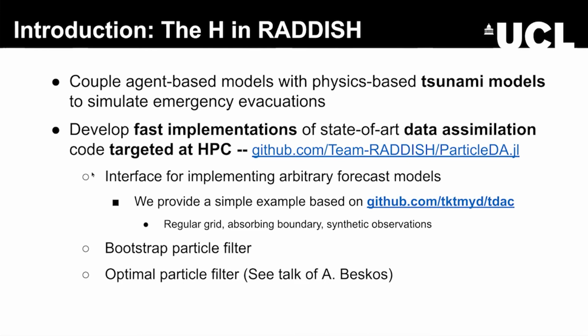It's like a particle DA package where you plug in your model, which can be, for example, the model Alex talked about, a simple linear shallow water equations on a rectangular grid with synthetic observations. But there's some work in progress to include more complex models for more realistic simulations.